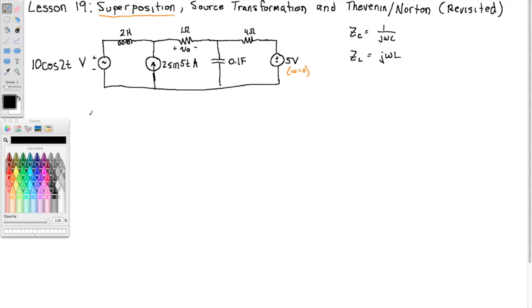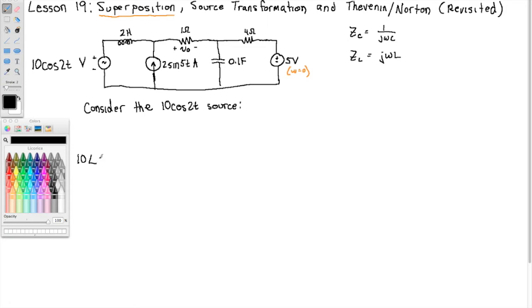So let's do that. Let's just consider the 10 cosine 2t source. We're going to keep that one, and we're going to transform this into the frequency domain.